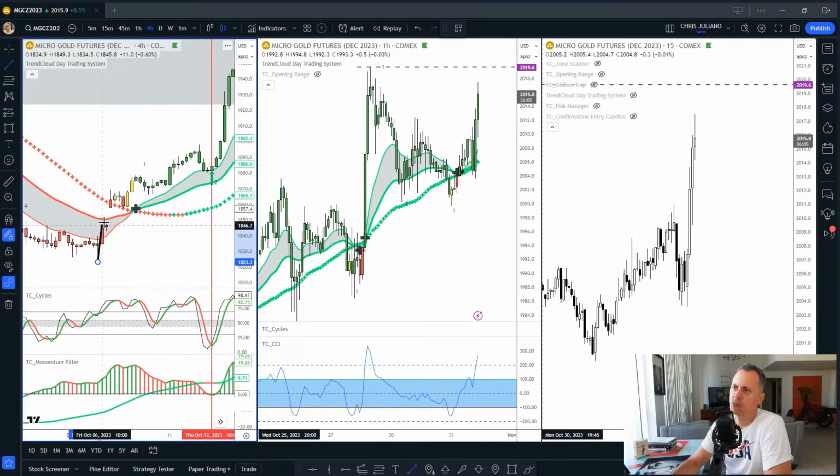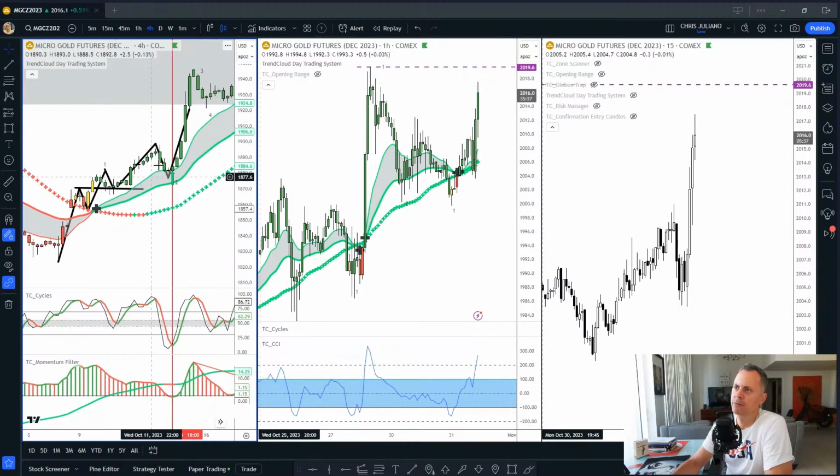So we get this break above the 50, pulls back, finds support, and as soon as we break above, see that? Now we can start looking for those patterns to go long, those demand zones to go long. Everybody see that?